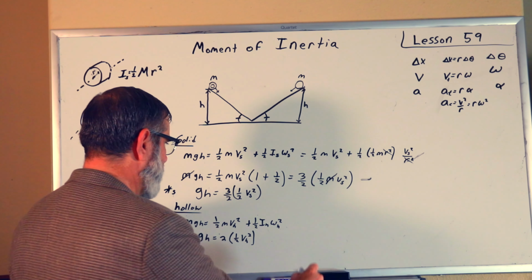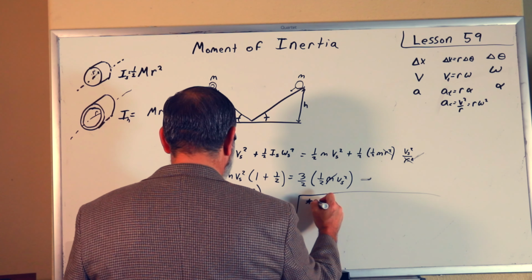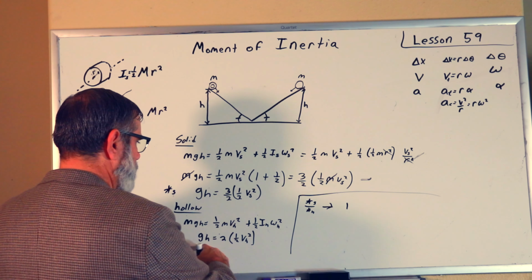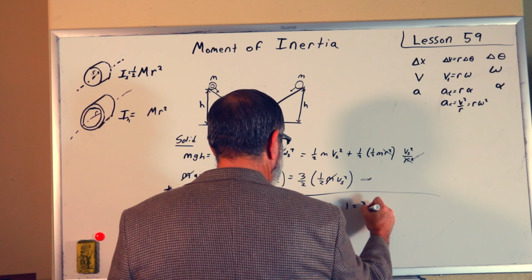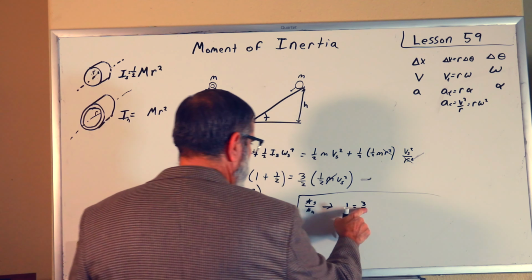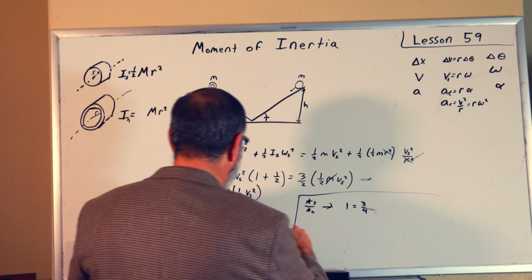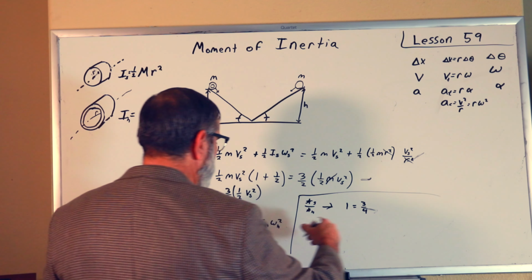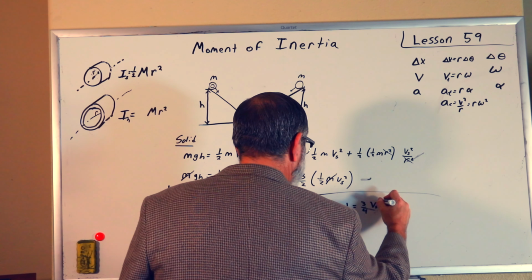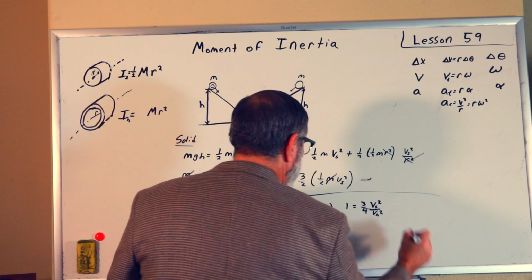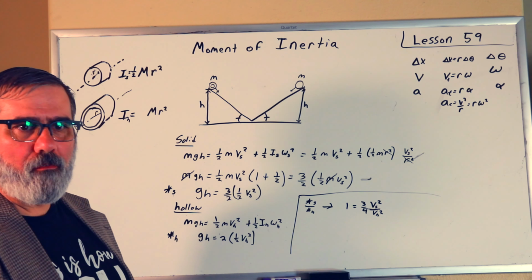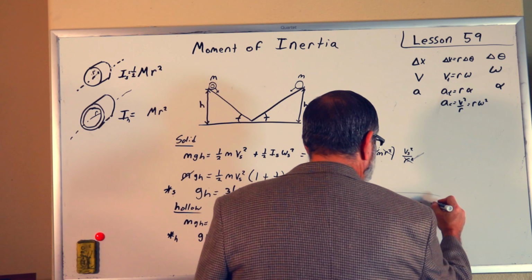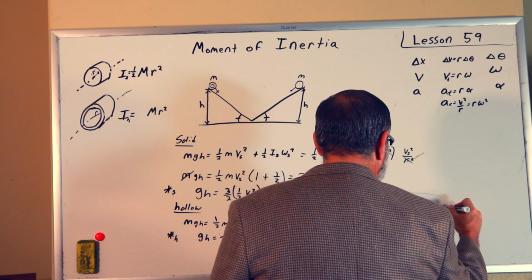Actually, I'll call this star sub s and star sub h. If I simply divide star sub s by star sub h, we now get gh over gh is 1, and that's equal to 3/2 divided by 2. We'll make this 3/4. The 1/2 factor will cancel in both of them, and I'll have v_s squared over v_h squared, which means that I can solve for v_h squared. v_h squared is equal to 3/4 of v_s squared.